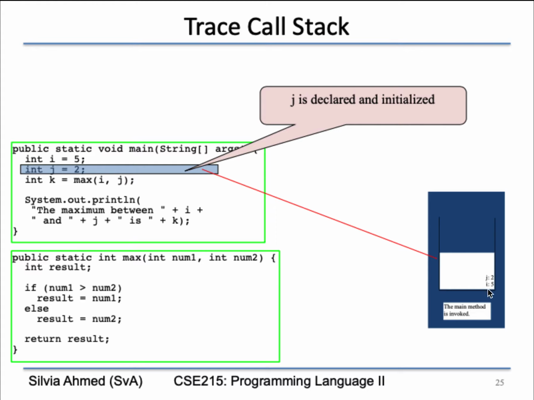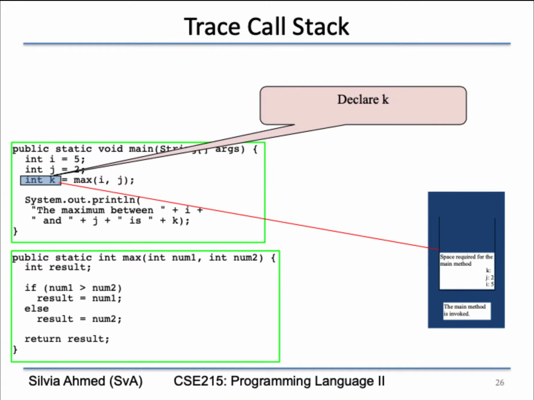So on top of i we have another space allocated for j and the value is 2. Then we actually call the max method. But before calling the max method, we need to first declare k. That means we need to allocate a space for k, but the space is empty at the moment.